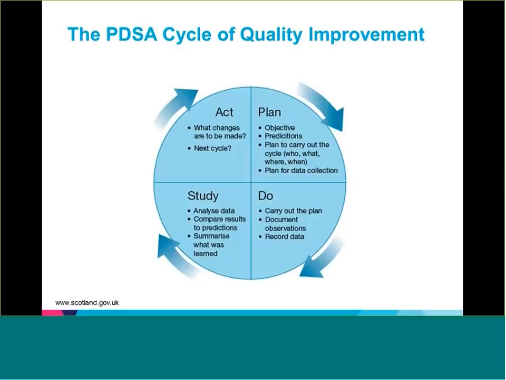Did we improve things here or not? You analyze the data, you compare your results to your predictions, you summarize what you learned, and then you can act on that. Well, what changes do we need to make, either to expand this to a larger group or to further improve what we have, and then you're off to your next cycle.